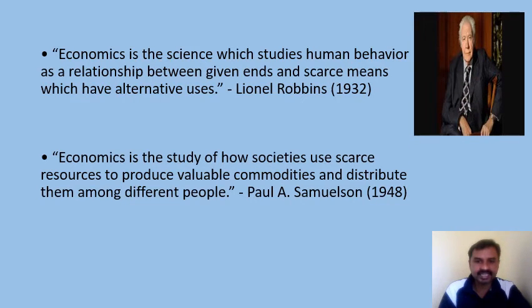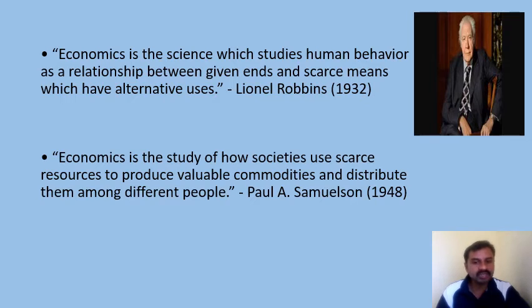Economics is the science which studies human behavior as a relation between the ends and the scarce means which have alternative uses. Usually, economics is focused on utilizing everything in a good way, so that there are ends and scarce means. Man is supposed to find an alternative way to use resources to satisfy unlimited wants. It is said by Lionel Robbins.